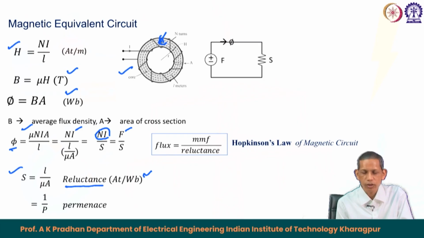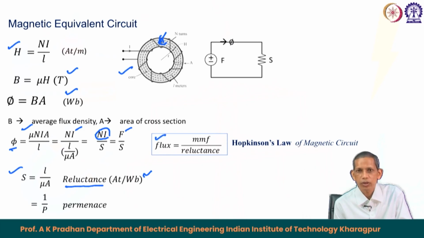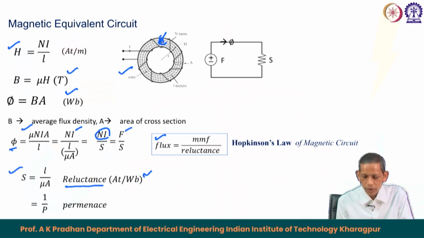So, from this relation of phi, B and H, we obtain that the flux in the core equals the magnetomotive force supplied by the coil, N I, upon the reluctance of the magnetic core.